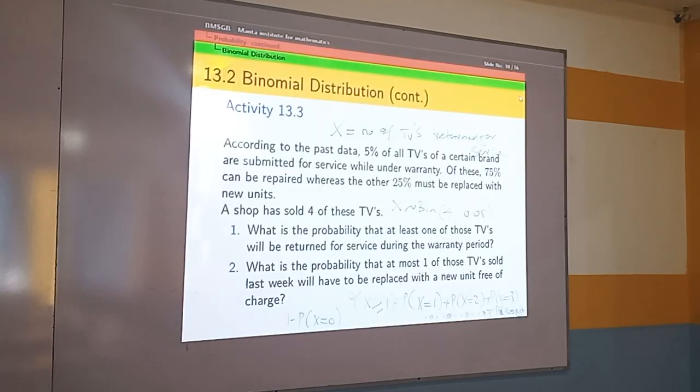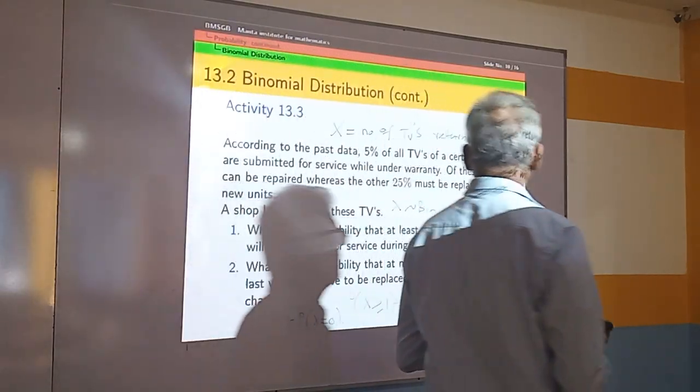Okay, part 2, how would you answer that question? What is the probability that at most one of those TVs sold last week will have to be replaced with a new unit free of charge?